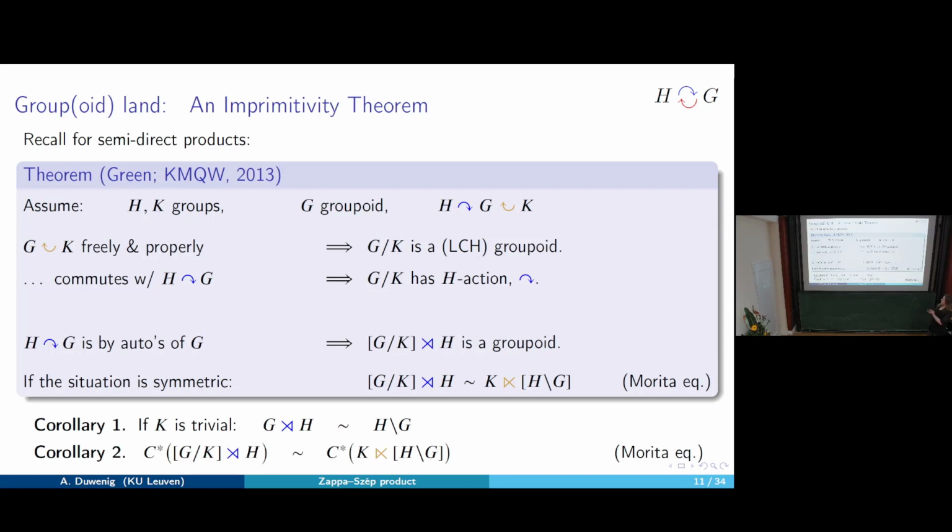The second corollary is that as long as you have such systems floating around, the C-star algebras of these are Morita equivalent. An equivalence of groupoids actually induces Morita equivalence of the C-star algebras.